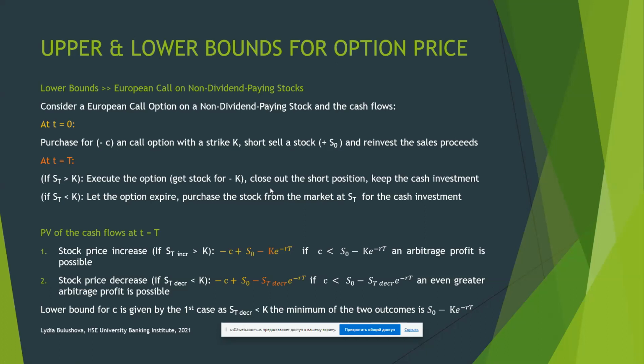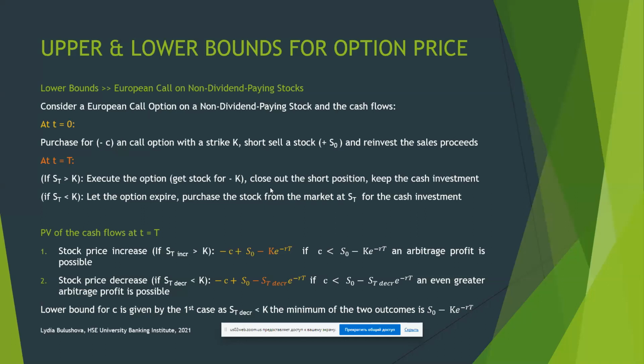So consider a European call. At time t equals 0, we purchase, paying minus C, the call premium, a call option with a strike K, and we short sell a stock and reinvest the sales proceeds at our risk-free rate. So I'm just trying to replicate an option, same approach that we have already seen.